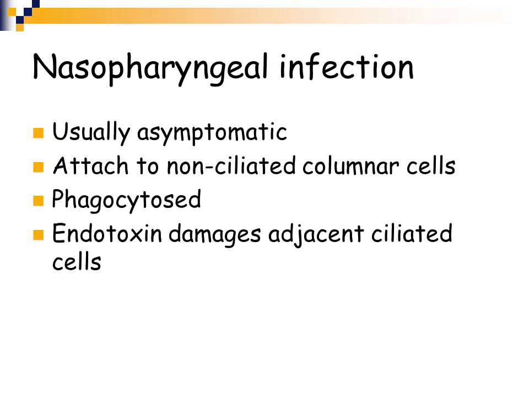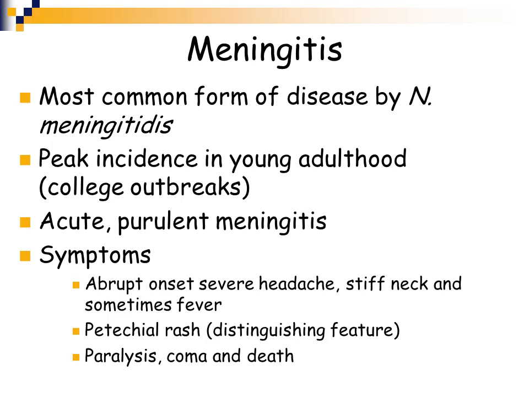And if you remember, gram-negative cells, when they die, release endotoxin, which will start to damage the adjacent or nearby ciliated cells. And so it will lead to a nasopharyngeal infection, possibly a mild sore throat. Usually it doesn't amount to anything that major.